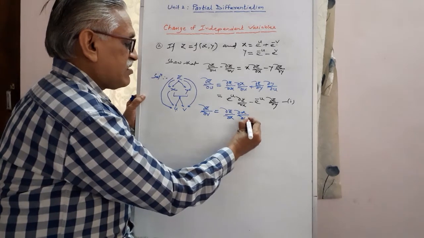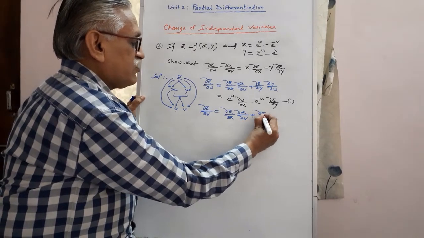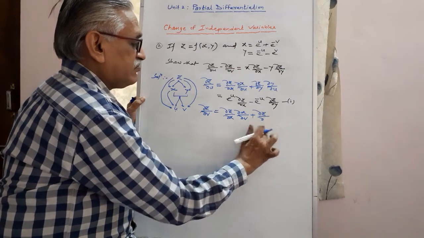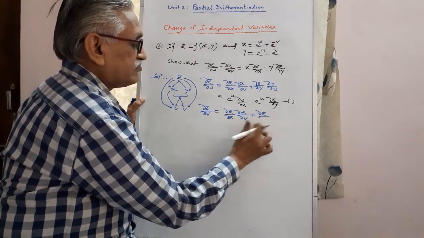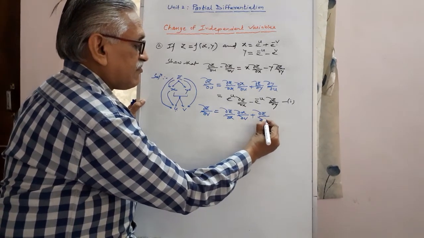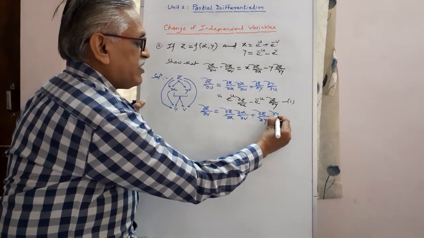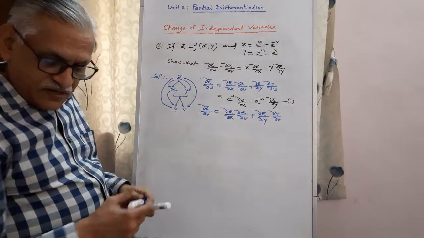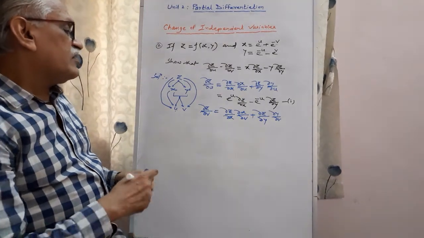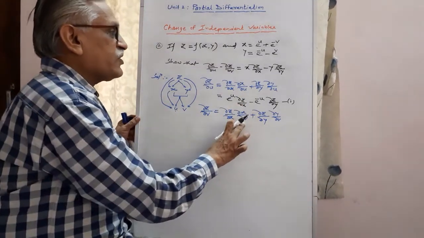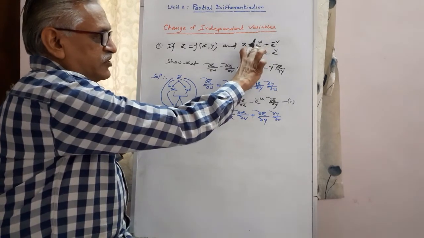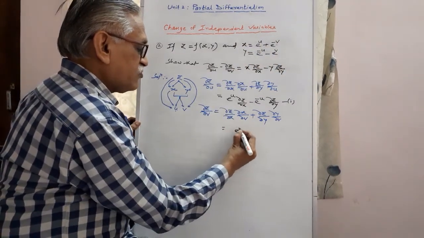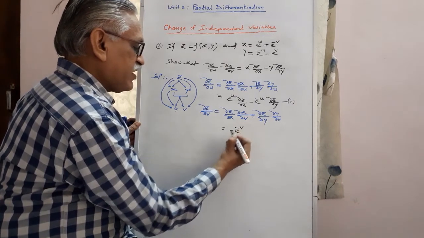by dou v, dou z by dou y, and dou y by dou v. Finding the value, differentiating x with respect to v, its derivative is 0 with respect to v, and its derivative is e raised to minus v into minus 1.